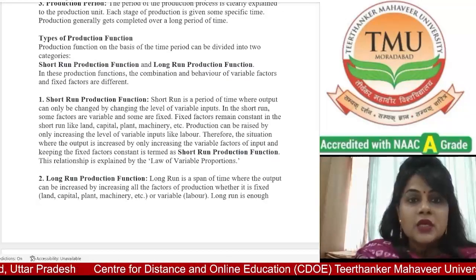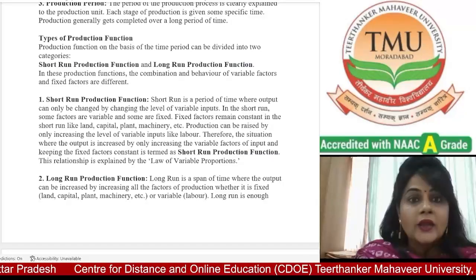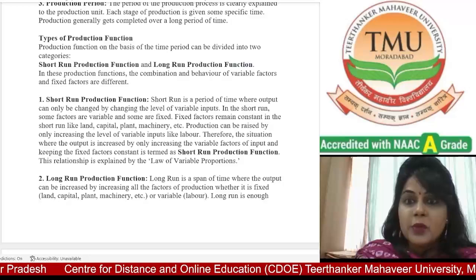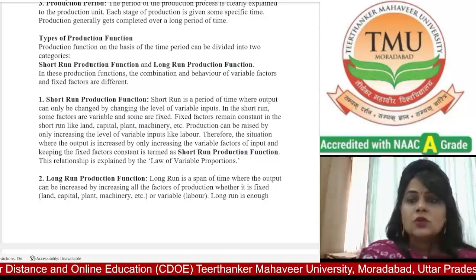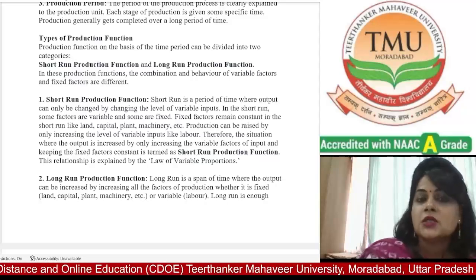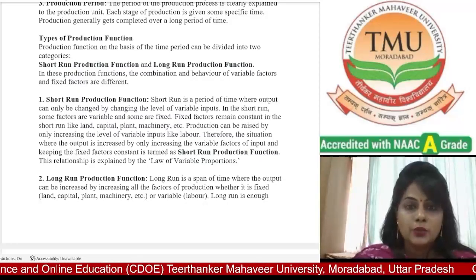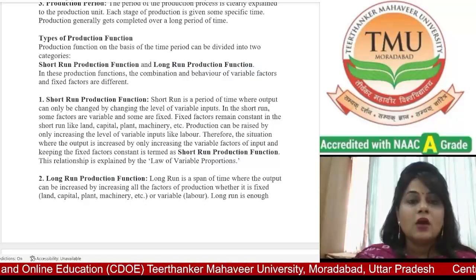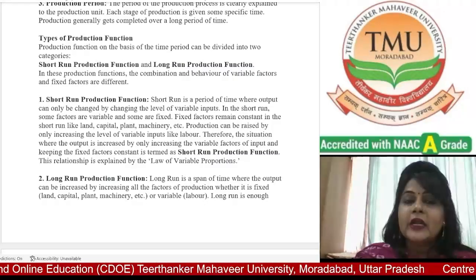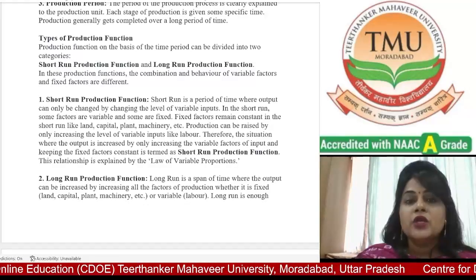This relationship is explained by the law of variable proportion, and this law of variable proportion I will also discuss in a further video. So, short-run production is the process of utilizing one or more inputs to produce output over a period of time where at least one input is fixed.